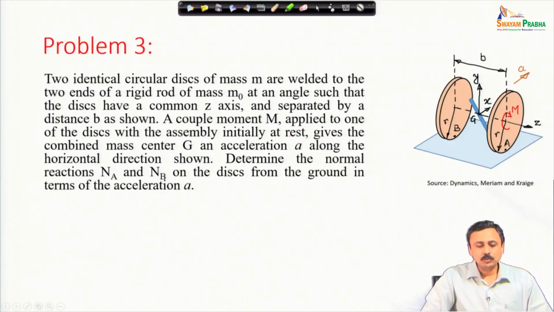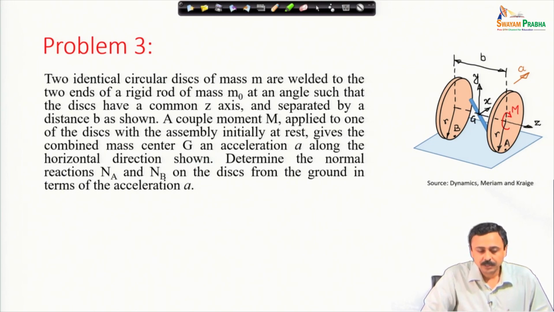Let us move to the third problem, again from the book of Meriam and Craig. Two identical circular discs of mass m are welded to the two ends of a rigid rod of mass m naught at an angle such that the discs have a common z axis. You can see from the figure, this is a very special connection.